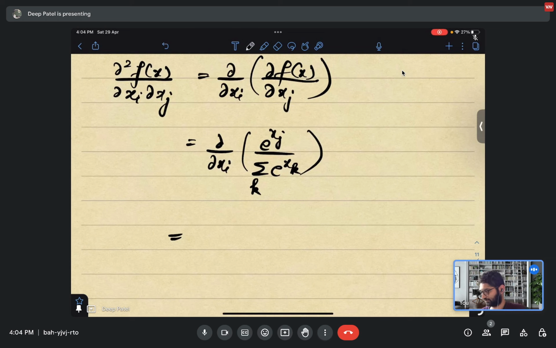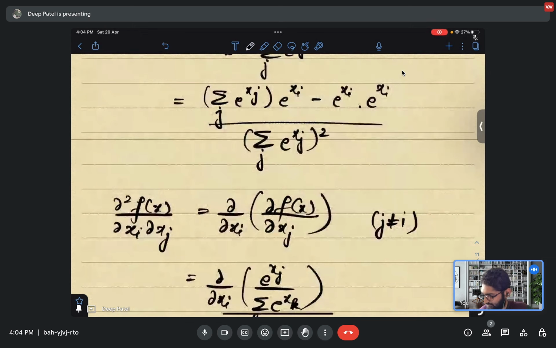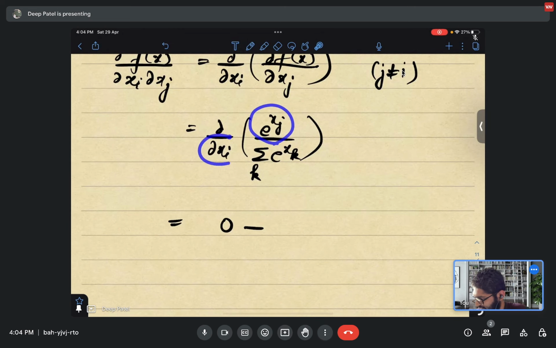So what is it going to be? Here note that j is not i, otherwise we've already computed that expression. So the partial derivative of the numerator with respect to xj is going to be 0 because j is not i. So we will only be getting a non-zero term when you take a partial derivative of the denominator.